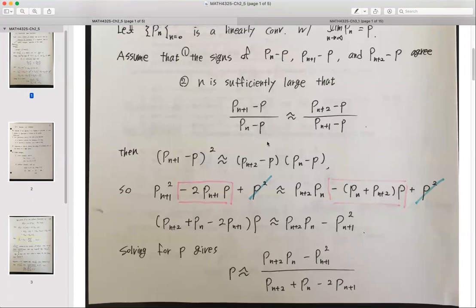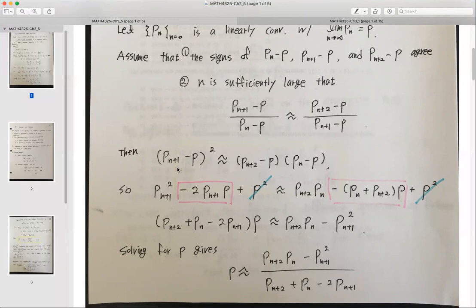First, we're going to isolate P sub n plus 1 minus P. But there is a P sub n plus 1 minus P there, so we're going to multiply by P sub n plus 1 minus P on both sides, and then multiply by P sub n minus P on both sides, so we get this.